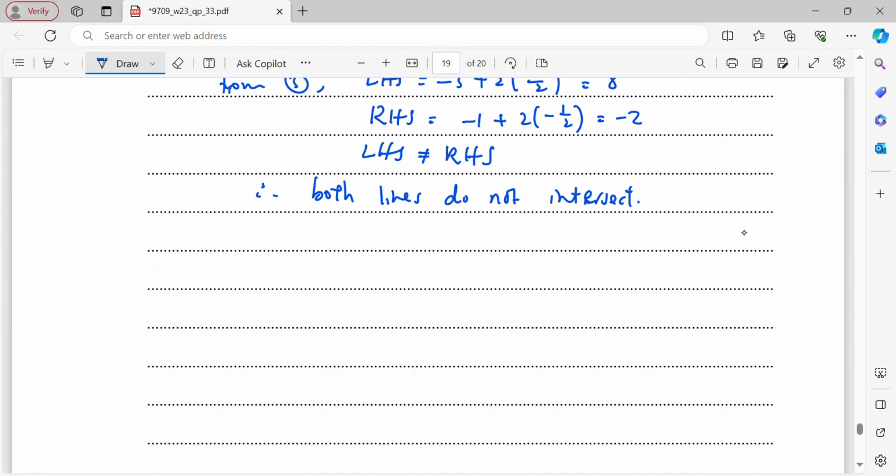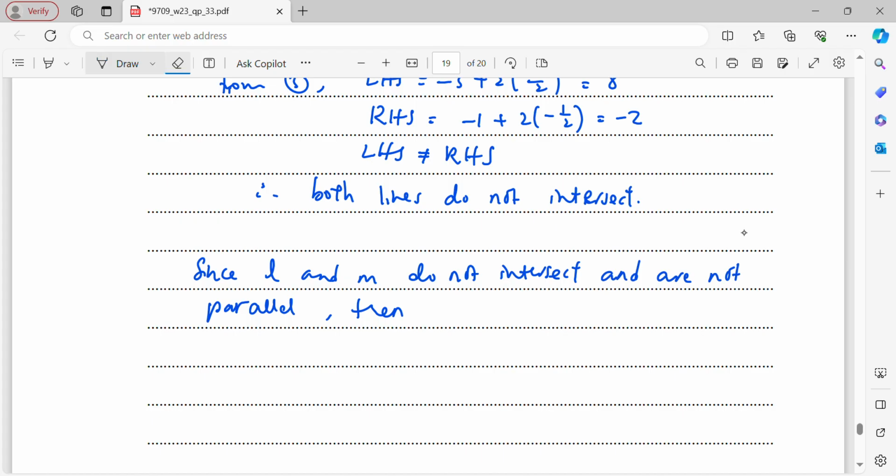So right here, since L and M do not intersect and are not parallel, therefore they are skew.